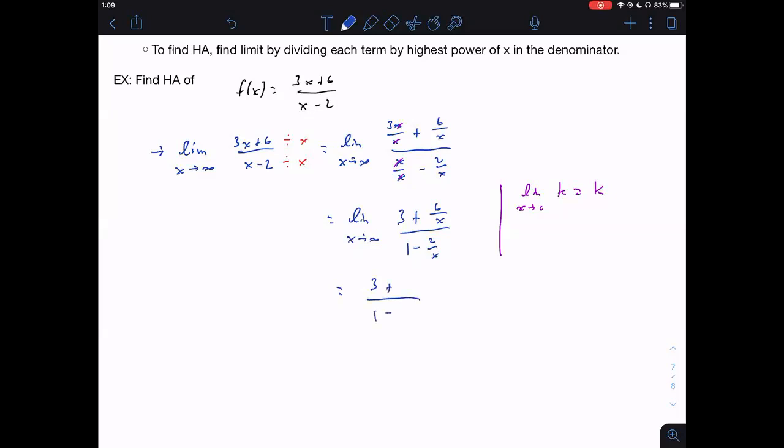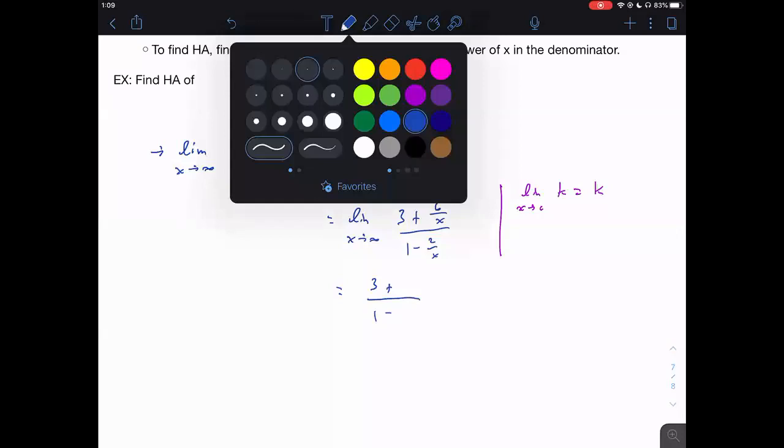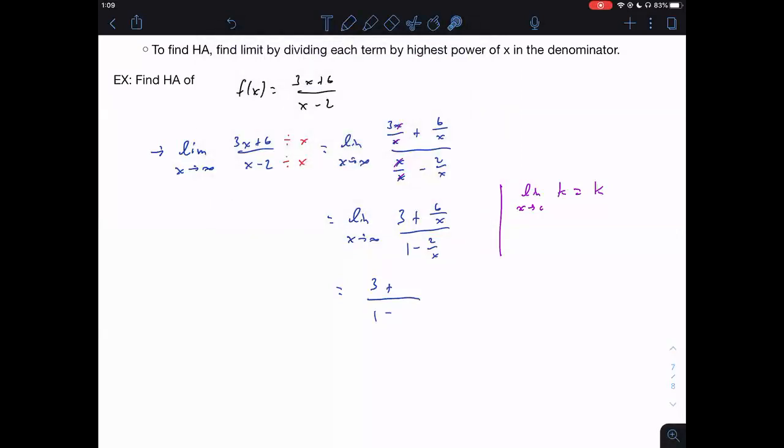But what about these next two terms? Here we're trying to find the limit as x goes to infinity of 6 over x, a constant over a changing variable. The top can remain the same no matter what x is, but the denominator, as x goes to infinity, is just going to get bigger, bigger, and bigger.